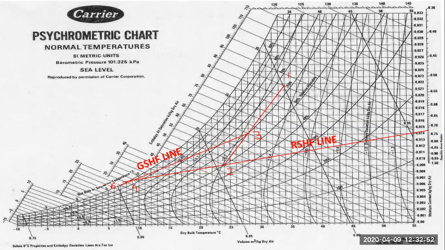Now this GSHF line that I've drawn over here from point number 3, we have to make. But we don't know where this point number 4 is and where this point number 6 is.